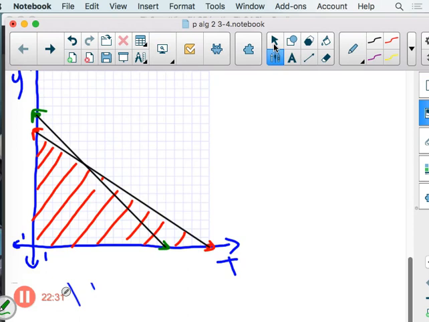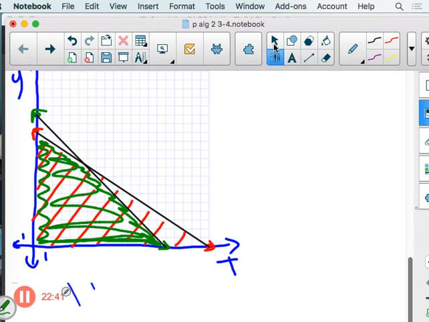So we know the shading is under that last line. And that means this will be our feasible region. We already have it in quadrant 1, so we know that's where it has to be.